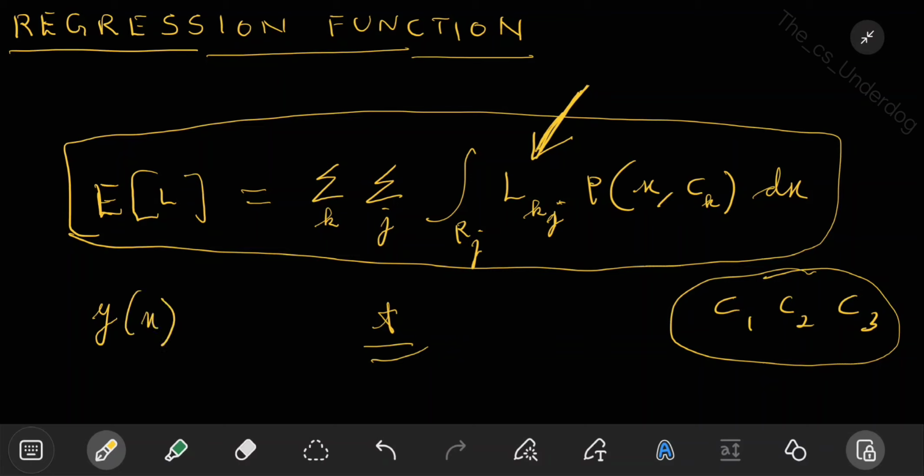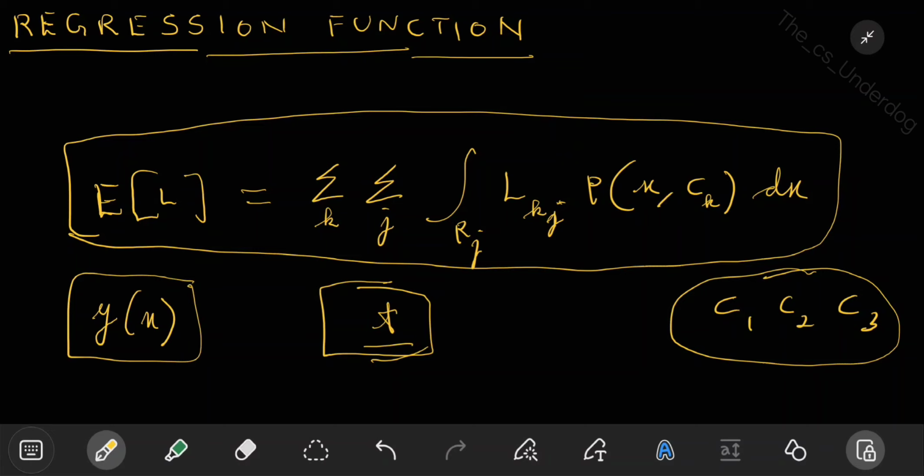Instead of classes, what do you have to find? Between this y of x and t, you need to find a loss function. So this function should in some way define what is the value of loss. In case of classification, you were able to particularly say the value of loss is 10 or 100 if the first class is this and the second class is that, or let's say if the actual class is C1 and the assigned class is C2, in that case loss is, let's say, 100. You were able to say because classes were defined. But in regression, you don't have particular classes. Instead, those are values.